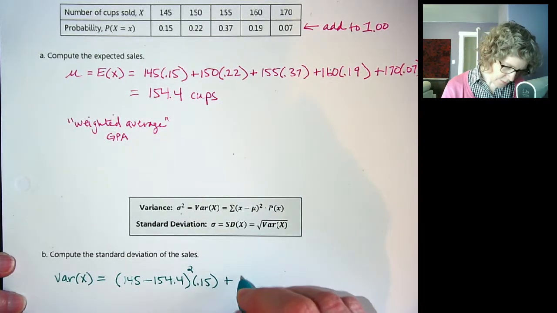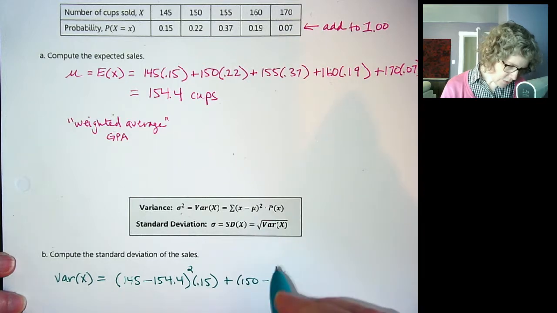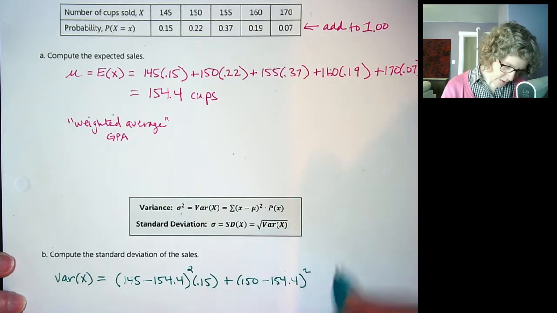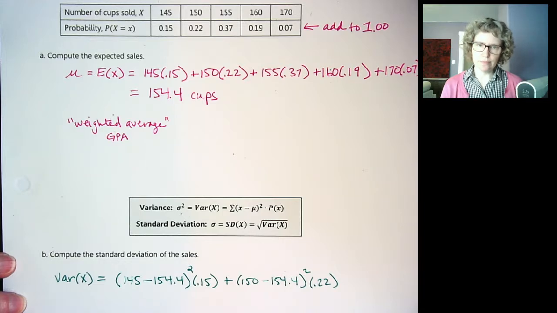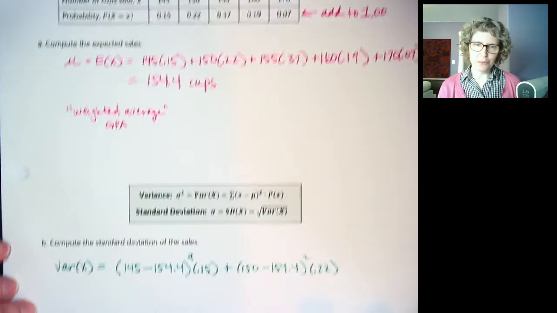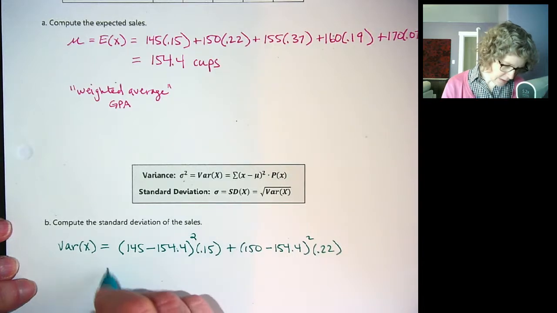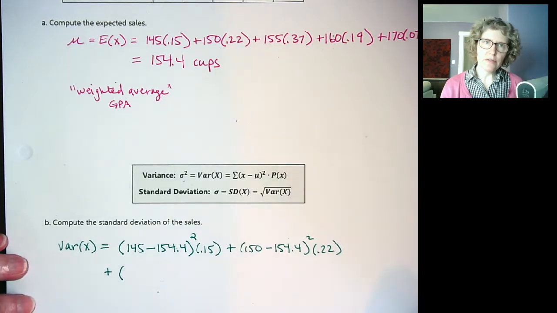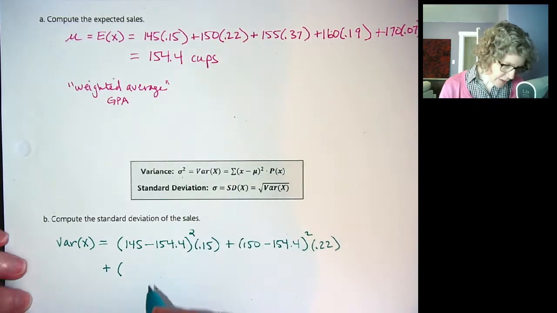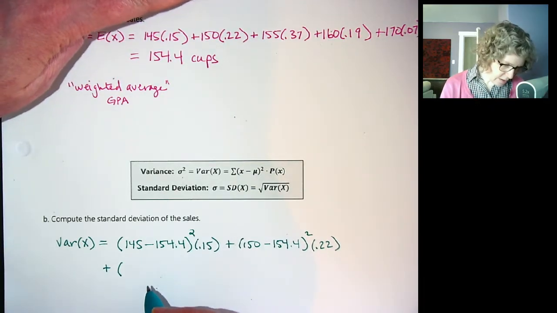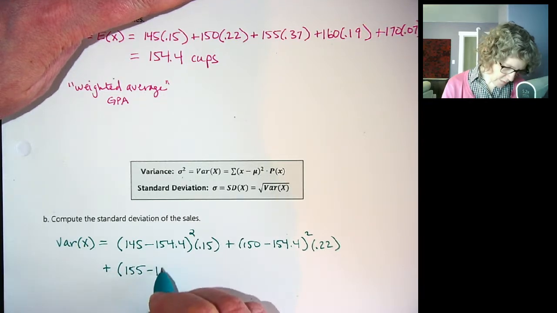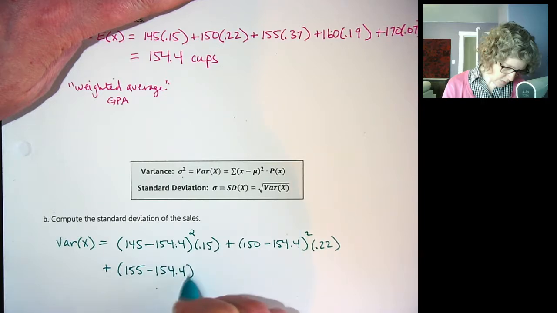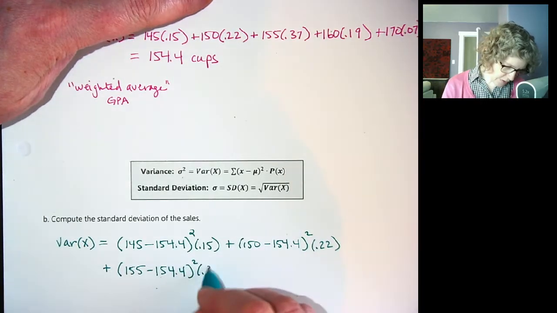Our next value is 150 cups of coffee. So we calculate its deviation, 154.4 squared, times the chance that will happen, so plus 0.22. Now I'm not going to be able to get this all in one row, so I'm going to go down here, and you have the table and I have the table up above, so it's okay if we can't see it. The next column over is 155 minus 154.4 squared times its probability, which is 0.37.